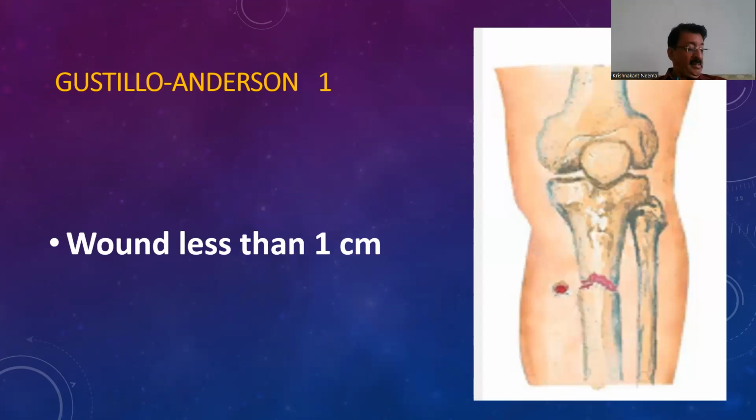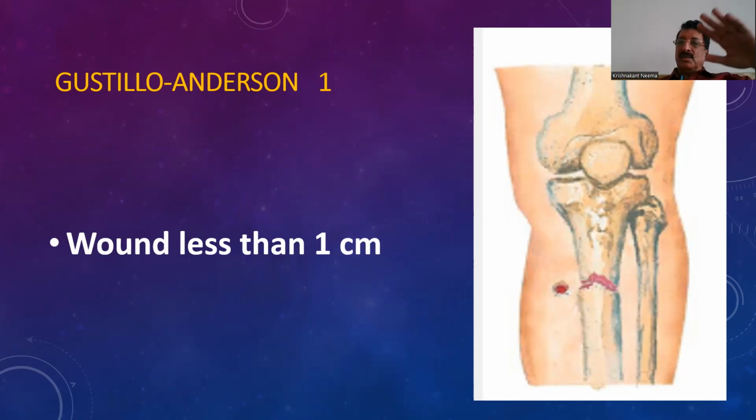Sometimes what happens? The sharp spicule of the bone, the fractured fragment, comes out of the skin, and again goes back into the wound, causing a small puncture wound on the skin, through which some blood may come out, may not come out.